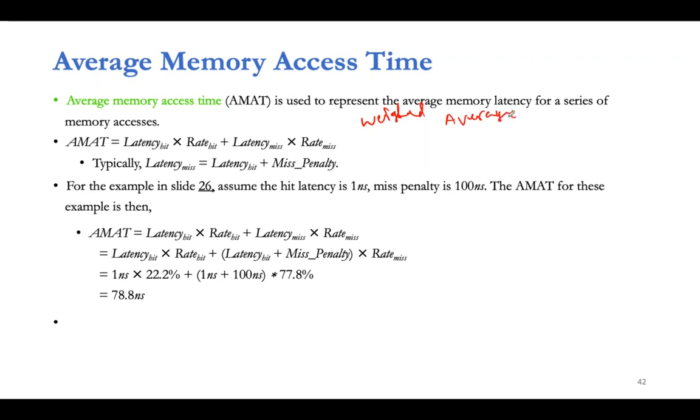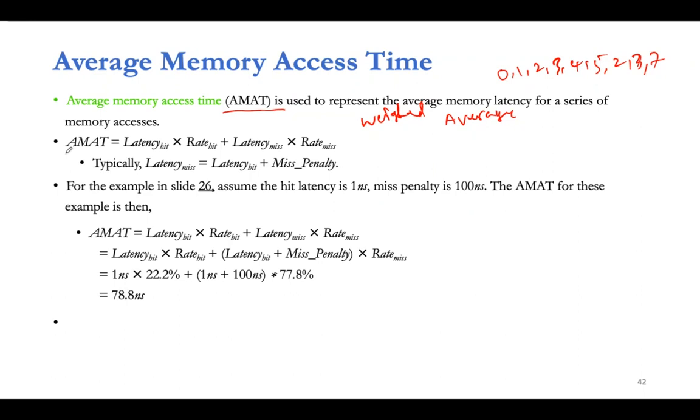This weighted average memory access time is used to represent the average memory latency for a series of memory accesses, like the series 0, 1, 2, 3, 4, 5, 2, 3, and 7 that we observed. It combines how much time is taken for each memory access, and that is named AMAT, average memory access time.